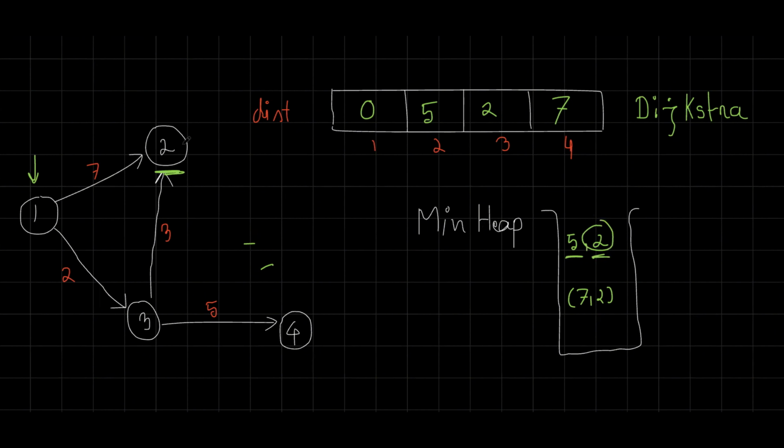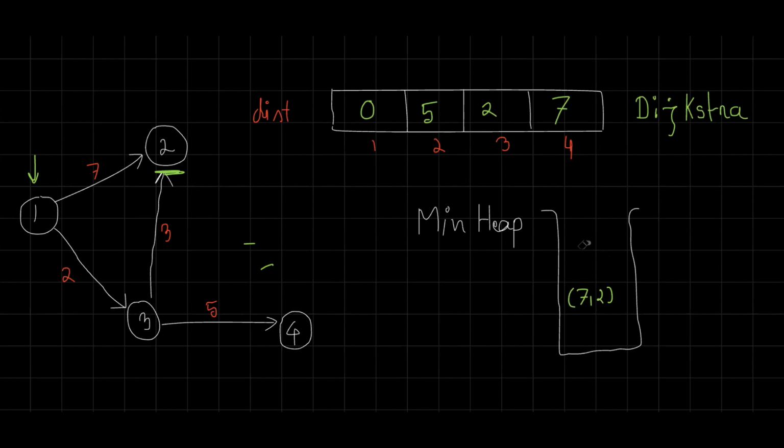But node 2 does not have any children or any adjacency list entry. So here we will simply ignore this entry, or we will simply remove this from the heap.